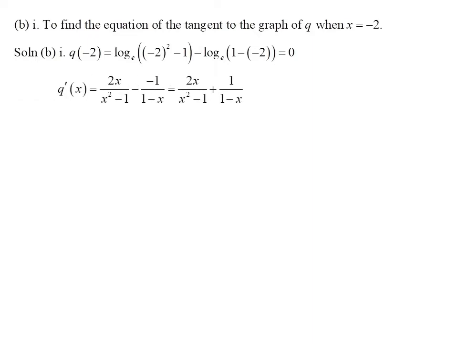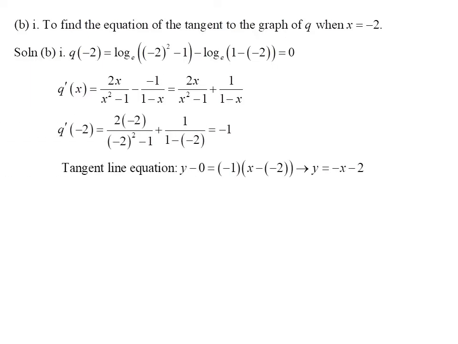Then we work out the gradient of q of x at x equals -2. So q prime of x equals 2x over (x squared minus 1) plus 1 over (1 minus x). Hence q prime of -2 equals -1.